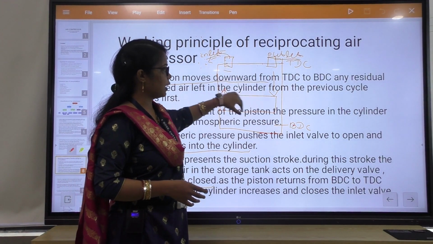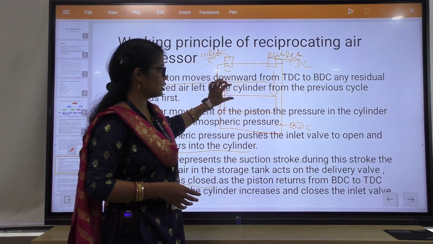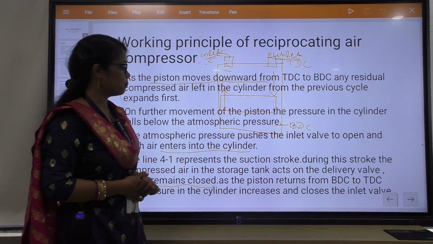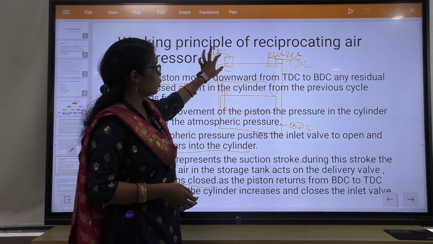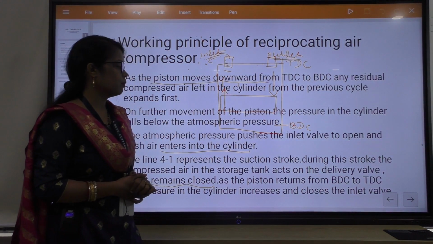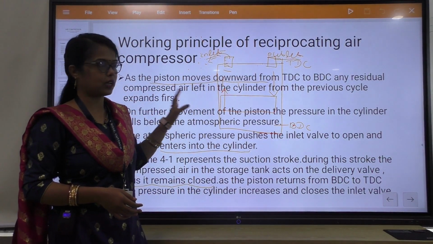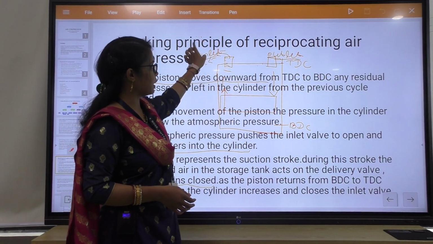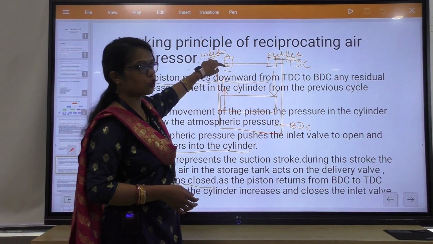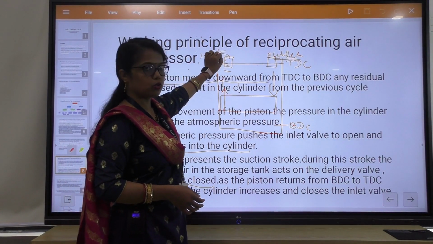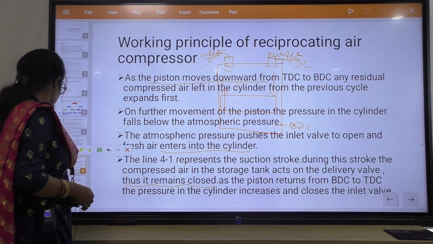The air which remained in the cylinder is getting compressed by the piston, and this compression process will lead to closing of the inlet valve. It closes the inlet valve because there is no pressure difference. Compression happens, which means the pressure is increasing and atmospheric pressure cannot rush into the cylinder. That's why this valve will remain closed. Clear? And I am showing you the graph.